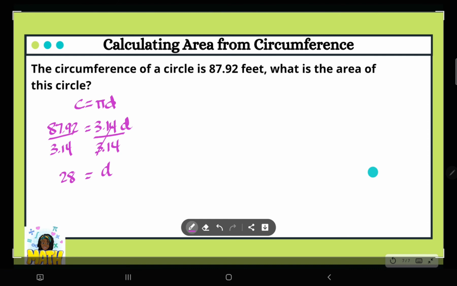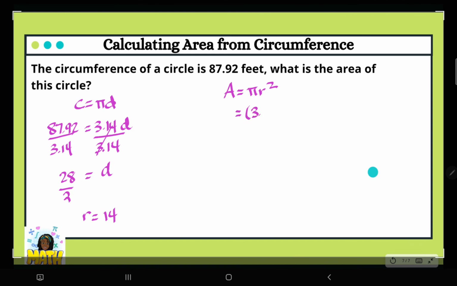So again, that's the diameter. So I have to now divide this by 2 to find that the radius is equal to 14. Now let's go ahead and write our formula for calculating the area. We're going to replace pi with 3.14. And we're going to use the radius of 14 to calculate. 14 squared is 196.